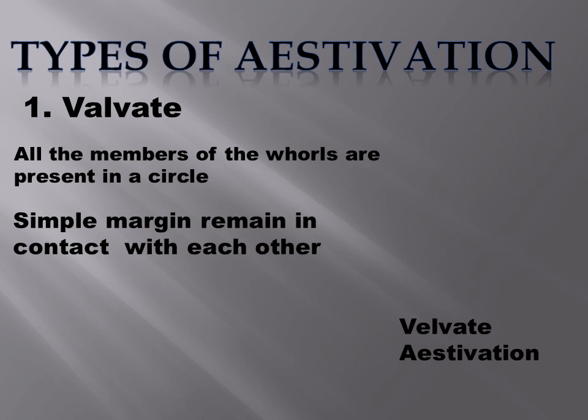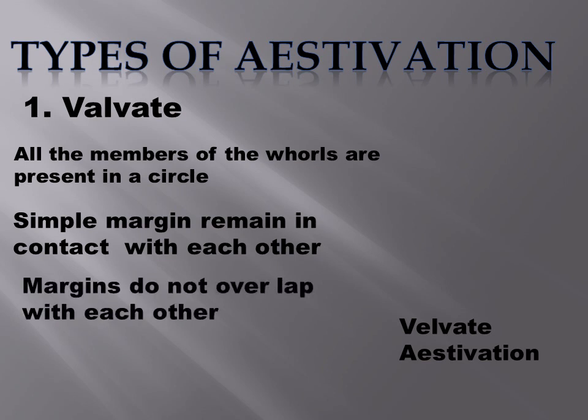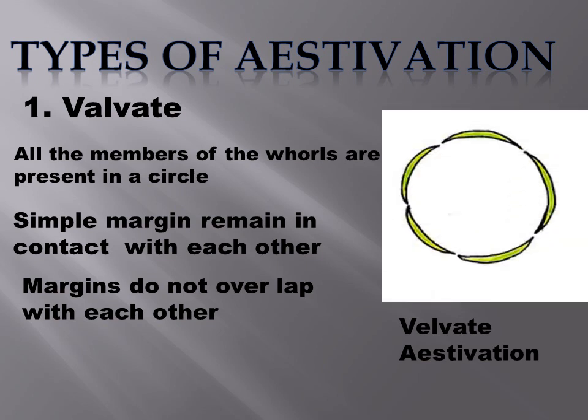That means the margins are very close to each other but do not overlap. There is no overlapping among the margins, but they are very close to each other. This type of estivation is called valvate estivation.